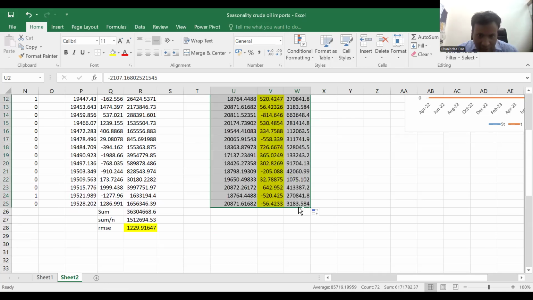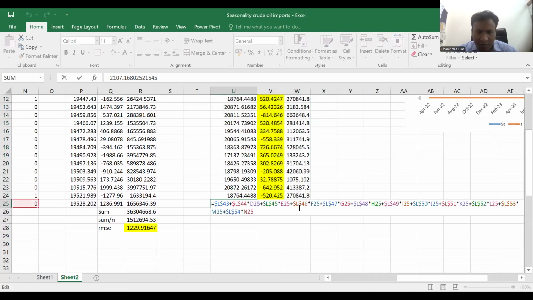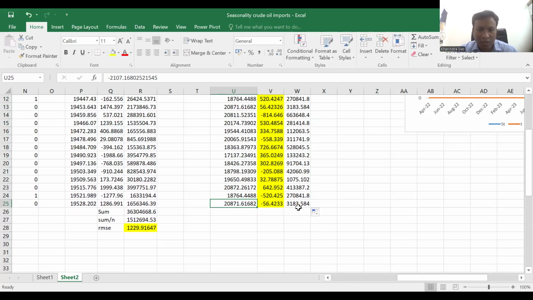And we have it here. So we have the forecast value for the month of March. This side deviation is quite low. This is the square deviations. Now it's possible for me to get the sum by n, and the root mean square error.